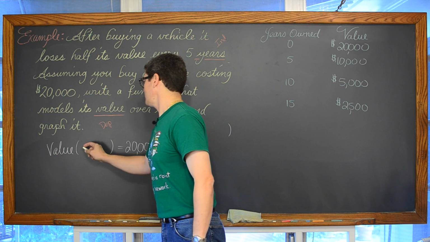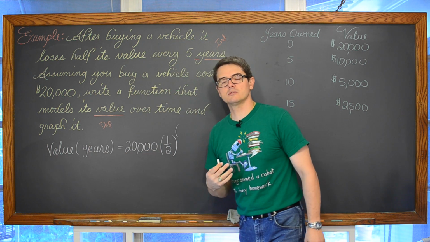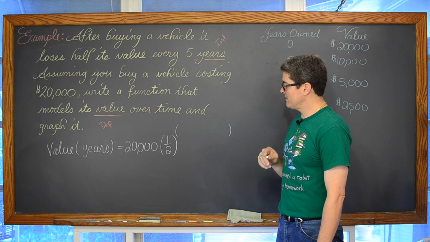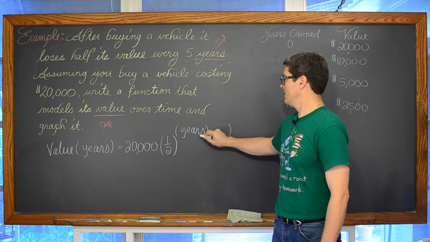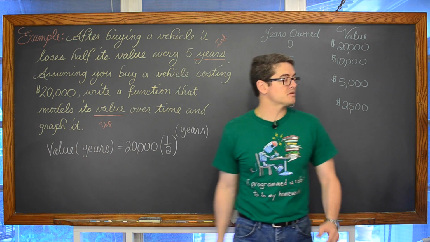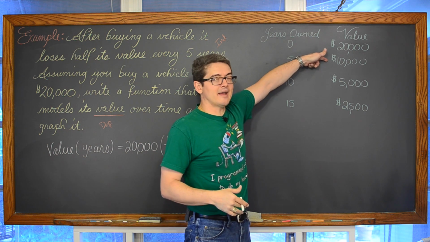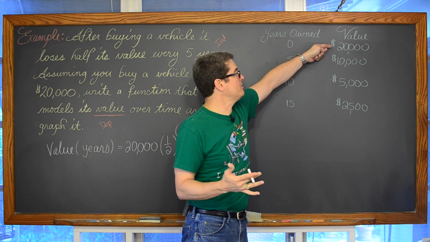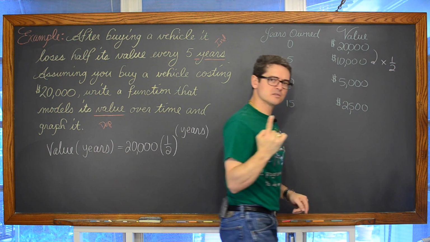if I let the independent variable be the number of years I own the car, then I can't just put years up here as my independent variable, because you can see after 5 years I didn't multiply by a half 5 times. I only multiplied by a half once.